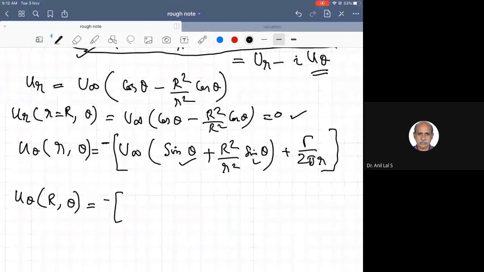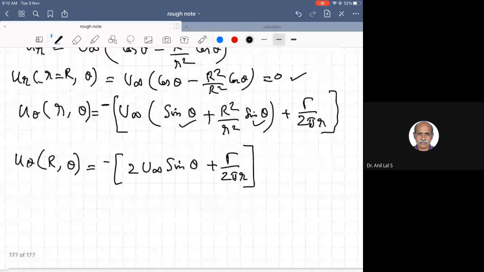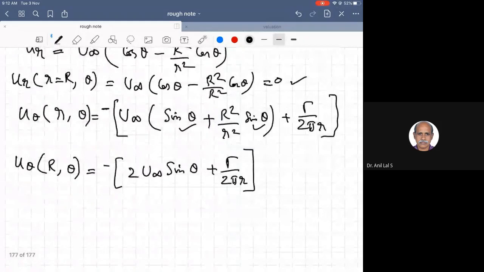So 2 u infinity sin theta is the only thing we had when there is no rotation. When the rotation is there, you will get gamma by 2 pi r. So this is the tangential component of the velocity on the surface of the cylinder.